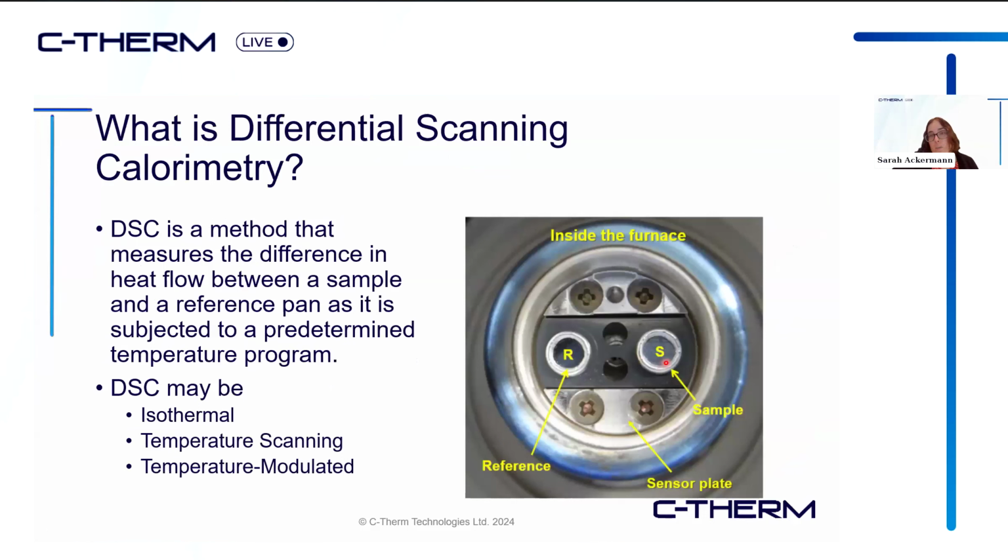So DSC, what we have in most DSC setups, there are a few specialized techniques out there that have a different sensor setup, but the vast majority of DSCs look on the inside basically like this. You have a sample side and a reference side. The sensor plate is inside of a furnace chamber, which is able to be controlled very precisely to a set temperature.